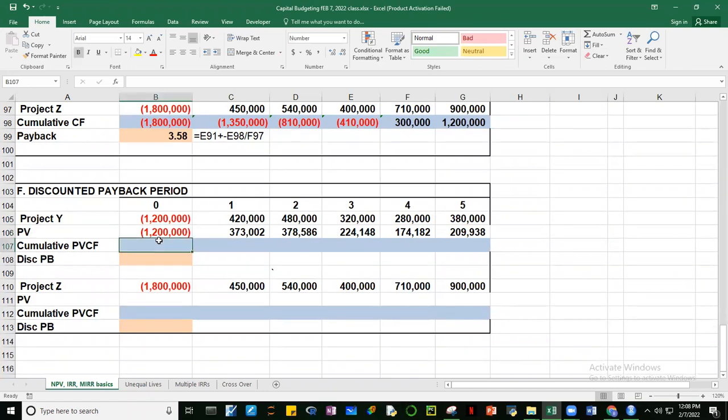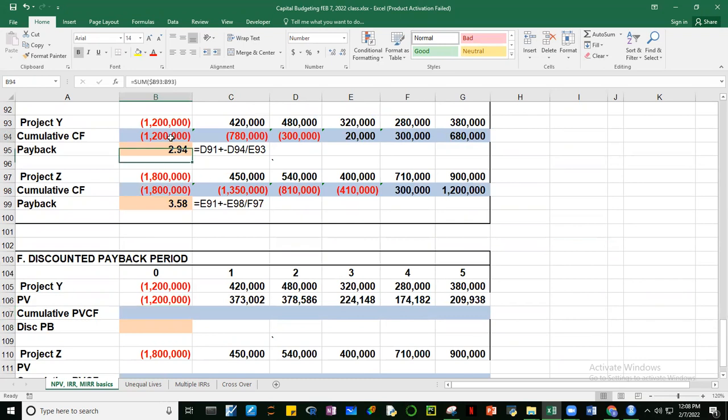Okay, so accumulate ulit natin is equal to sum. Copy natin yung formula dyan sa taas. Control C, Control V. Okay, sum, then copy to the right. All right. So, ang ginagamit natin guys, yung discounted values, not the original values.